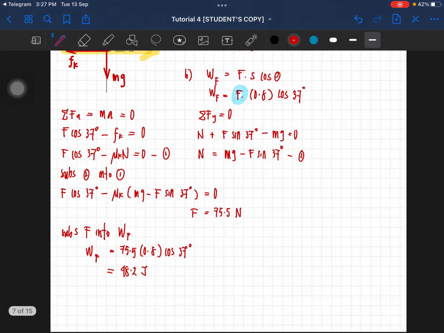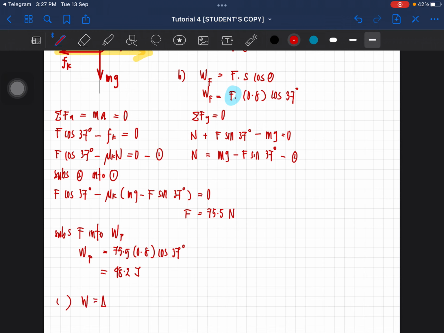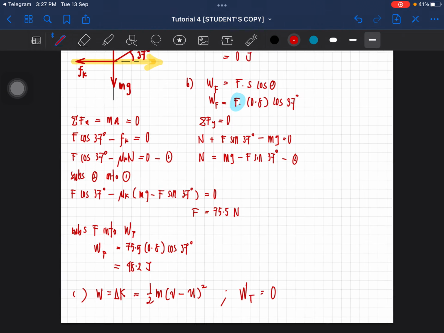If we apply the work kinetic energy theorem, W equal to delta K, which is equal to half m times v squared minus u squared, work done is only present when there is a change in velocity. When there is no change in velocity, there is no change in kinetic energy. So the total work done on the whole crate will be equal to 0, because there is no change in velocity. That is all you need to remember.